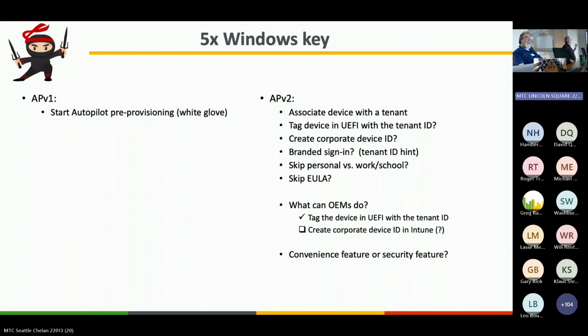All right, so with Autopilot V1, you could use the 5X Windows key to start pre-provisioning. With Autopilot V2, eventually you'll be able to associate a device with a tenant. What we expect to happen when that's finally added is it'll tag the device in UEFI with the tenant details, basically to say, I am supposed to be talking to this particular tenant.